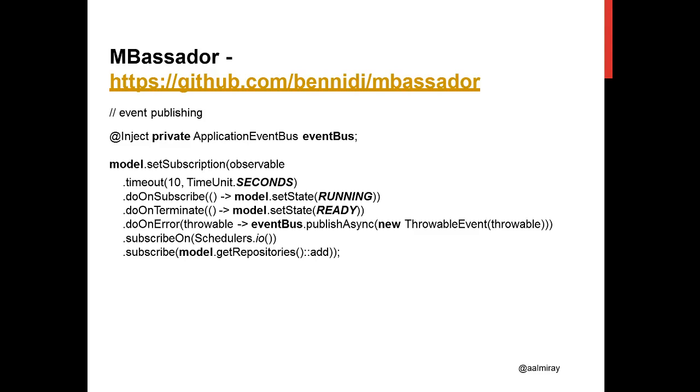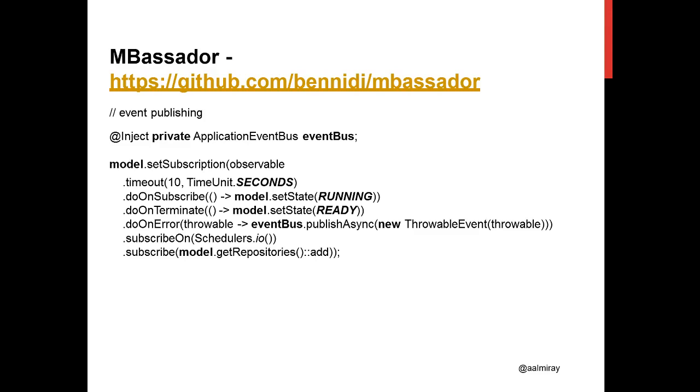In this case, it's publishing a throttle event, with the exception that happened, publishing in an asynchronous way. What this code is saying is that the producer of the event, which is the controller, will say, hey, here's a throttle event, somebody will handle it, and because it's asynchronous, I can continue to do my own thing.